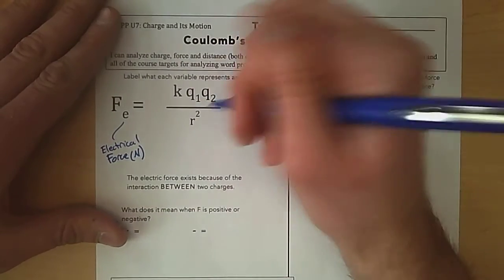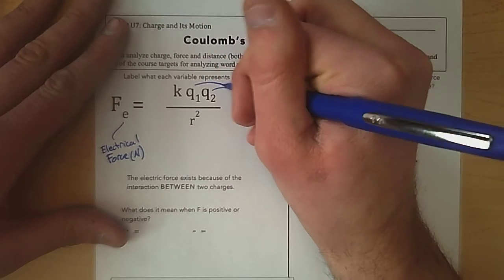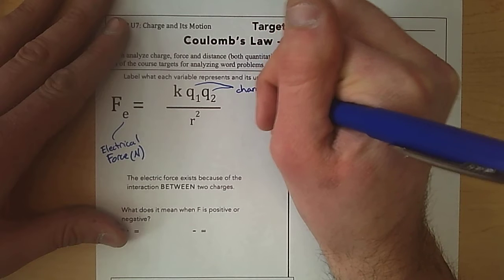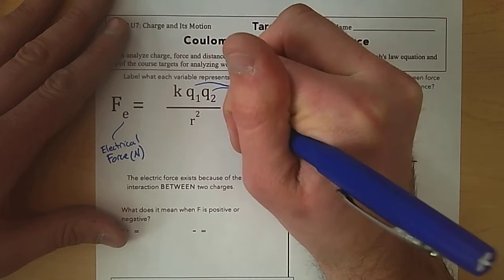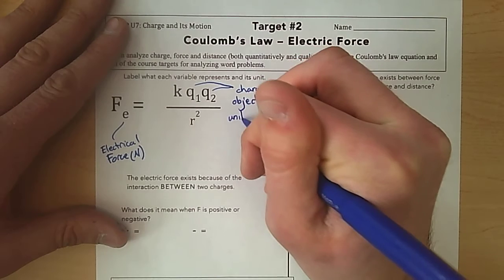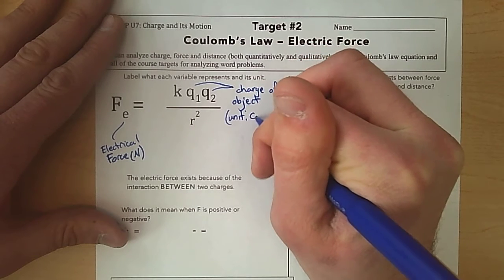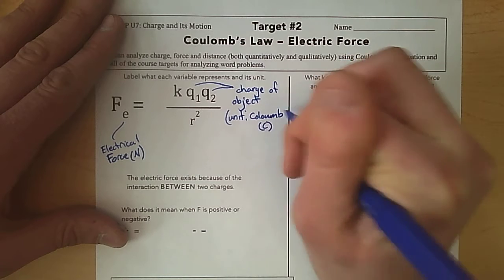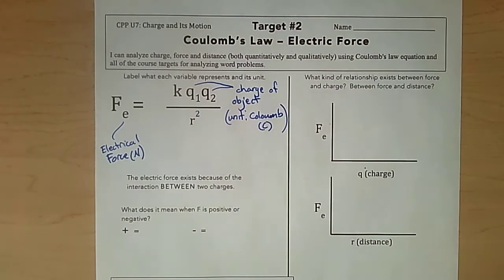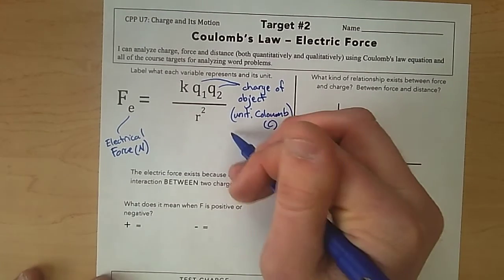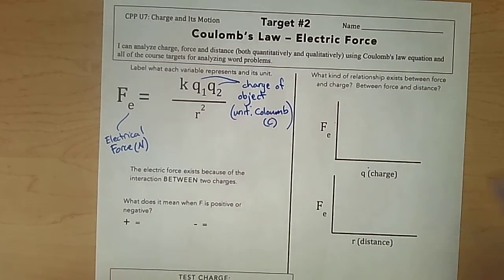Q is going to represent the charge of an object, and the unit of charge is going to be a coulomb, which we abbreviate as C. So what is a coulomb? I think it helps to have a conceptual idea of what it is. A coulomb is almost like a bucket.